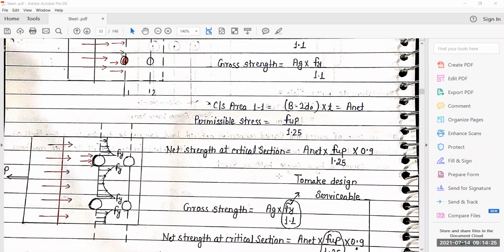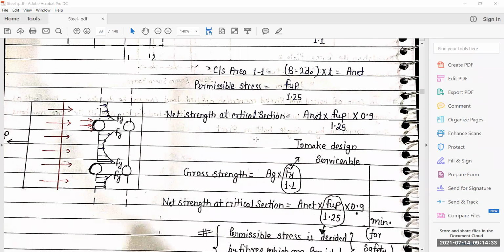The net strength of the critical section is A net into Fu into 0.9 upon 1.25, that is, Fu upon 1.25, where the partial factor is 1.25 and 0.9 applies to A net.